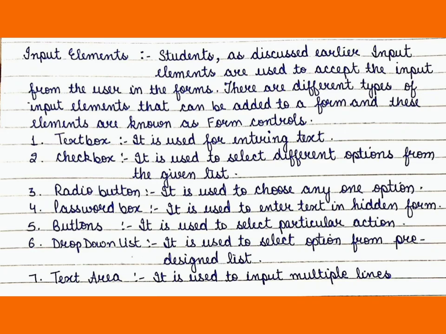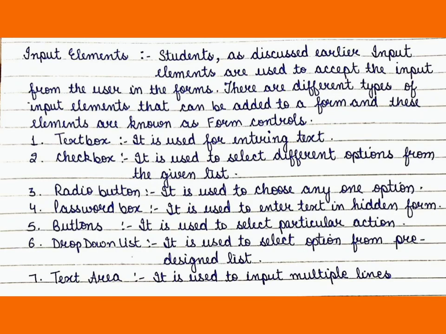Number 1, text box. It is used for entering text. Number 2, checkbox. It is used to select different options from the given list. Number 3, radio button. It is used to choose any one option.